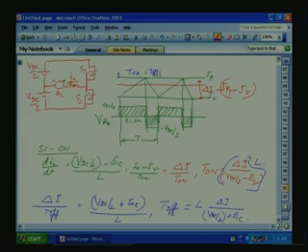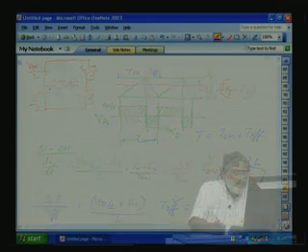So, we got the T off and T on. Now, we know the period T. The period is equal to T on plus T off. Okay. So, let us go to the next page now.